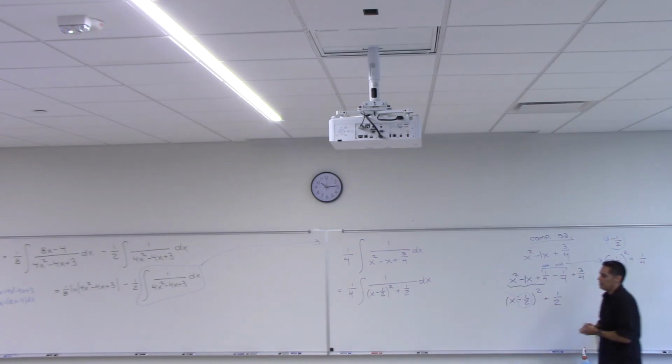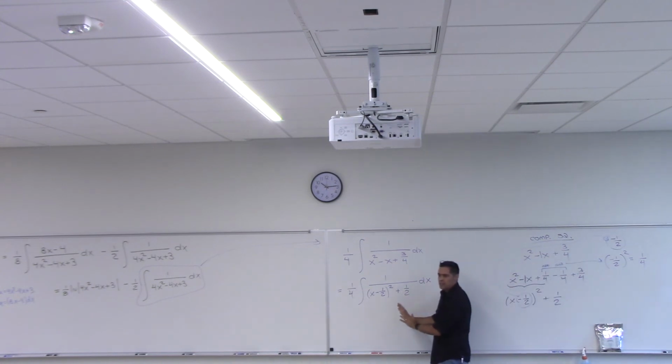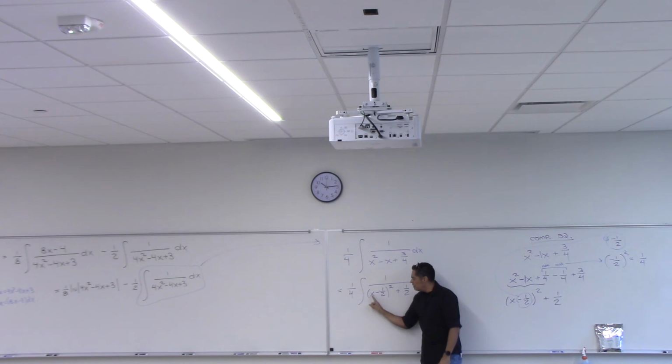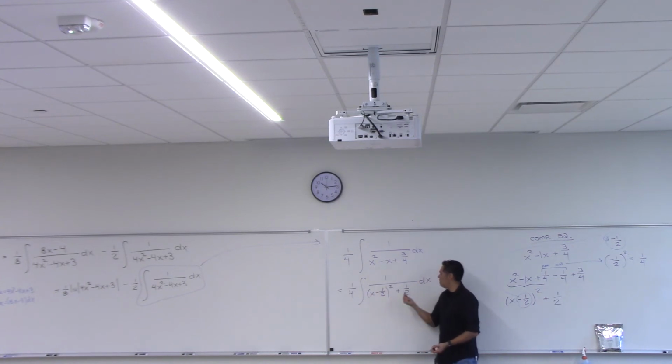All right. Do you all see that I can use formula 17? This is my u. It's linear. Do I have to scale by anything? No, there's a 1 in front of the x. So this is just like u squared plus a squared. What's a? Careful.